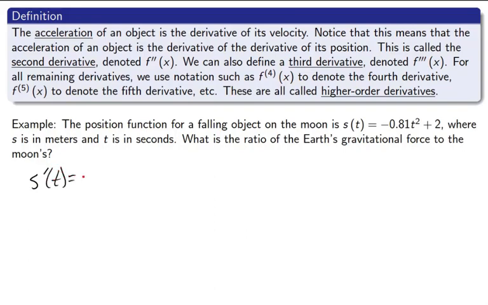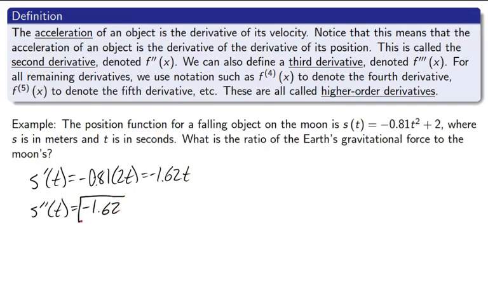On the moon, the velocity that the object is falling is the first derivative. Negative 0.81 times 2t, the 0 goes away, gives me negative 1.62t. And then the second derivative is the acceleration function. t is the variable, the derivative of t is 1, we're just left with negative 1.62.